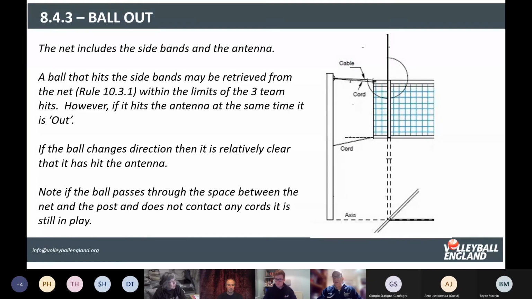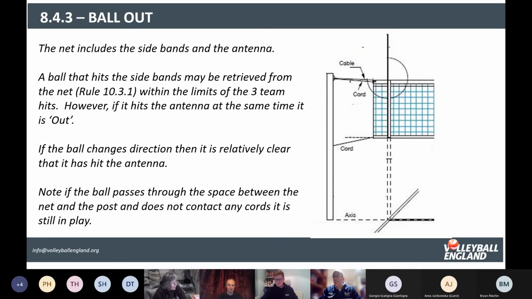The antenna at this point is in the sheath. It may be in the sheath, and you can't see it, but it is a rigid part of the net, and therefore you have to be careful that just because the ball has hit the side band doesn't mean that it is still in play.